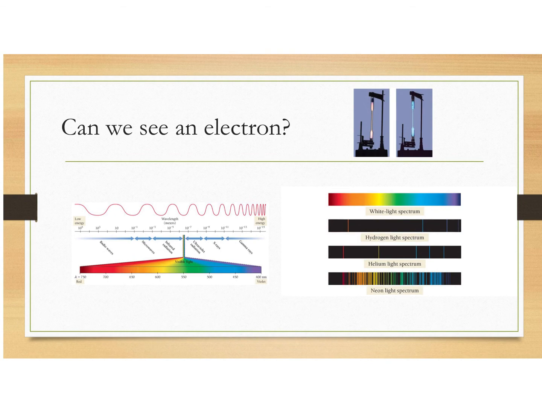If I look at the hydrogen light spectrum, notice how I have a few colors. The helium light spectrum has a few more colors. As I add energy, I can change the color of the output of that particular electron as it travels around the nucleus of the atom.